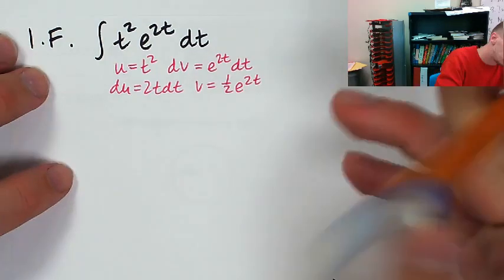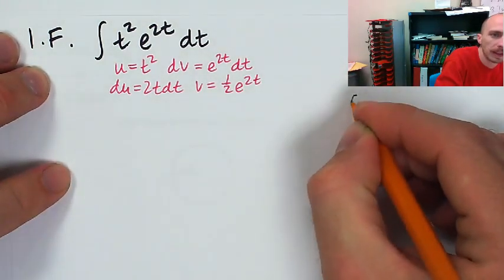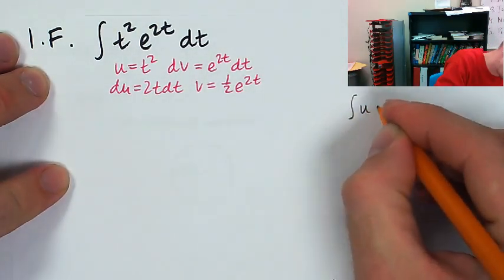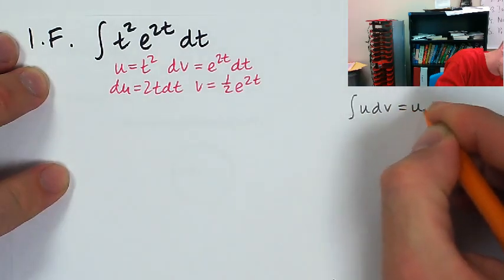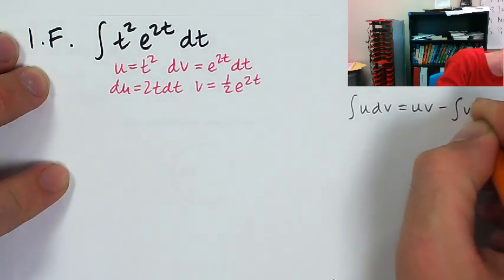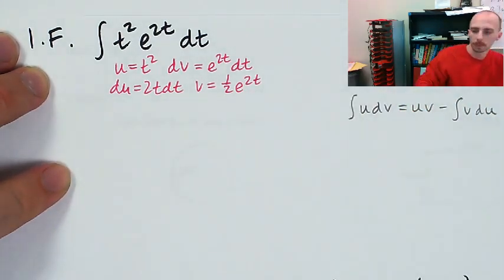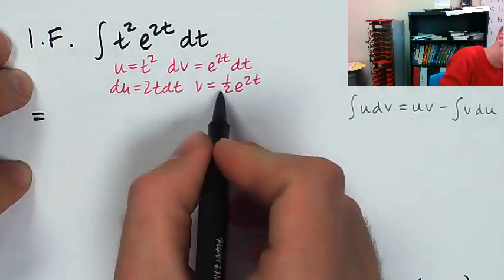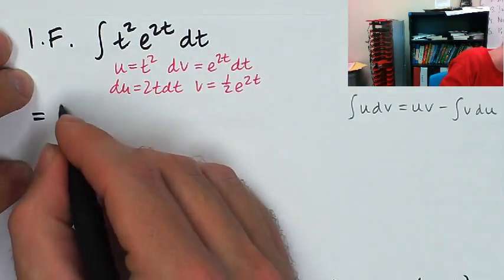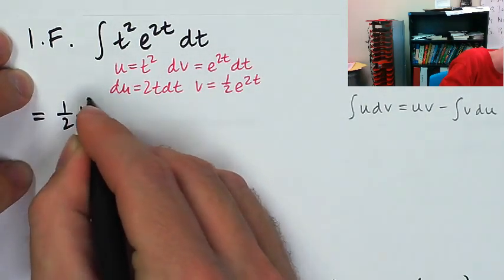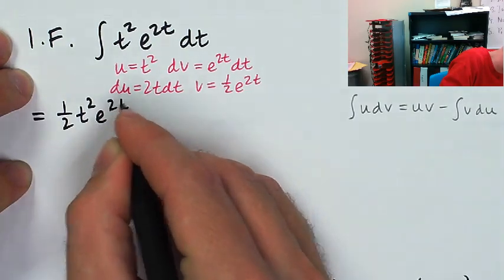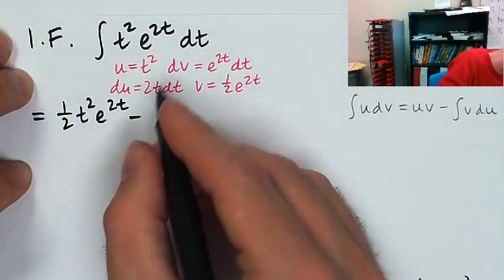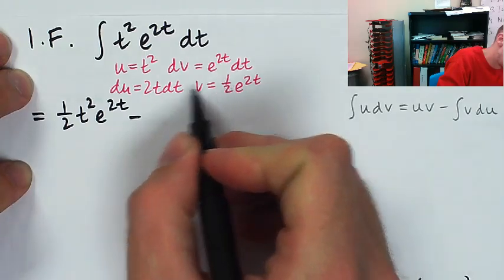Okay, we know that the integral of u dv is equal to u times v minus the integral of v du. So this becomes 1/2 t squared e to the 2t minus the antiderivative of v du.